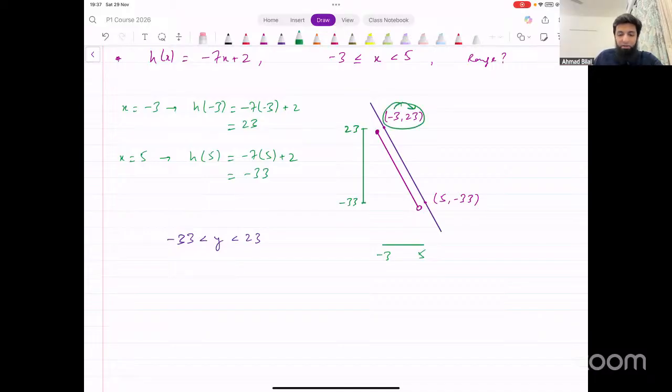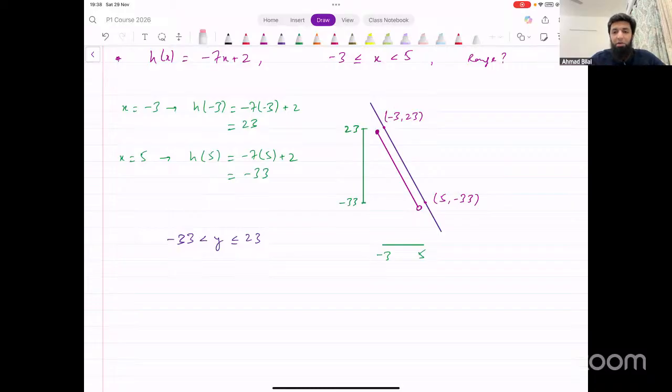It's 23. So for range as well, the equal to sign is going to come with that same point. The y coordinate of that point was 23. So the equal to sign will be on the right side in this case. Since -3 had an equal to sign, the corresponding y value, 23, would have an equal to sign. And that's the range of this linear function.